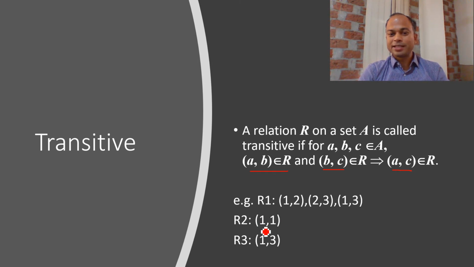So we can assume that B is 1 and C is also 1. If the BC pair is here, B is 1, C is 1, and A is also 1. So we have A is 1, C is 1. The (1, 1) pair is there. I mean the AC pair is also here. So this relation also supports the transitive property.